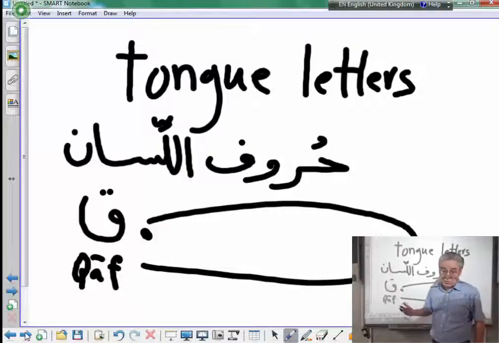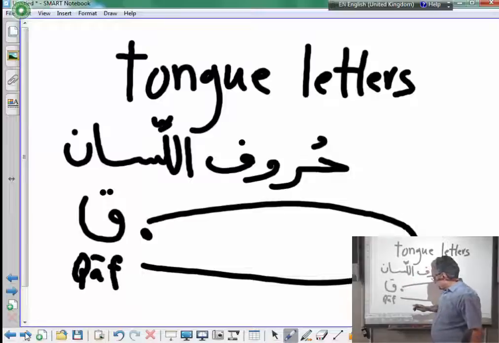One of the words you may be familiar with is iqra, read, iqra. It's a bit difficult, but you need to emphasize by pushing the tongue and making it touch the palate of the mouth. Iqra.